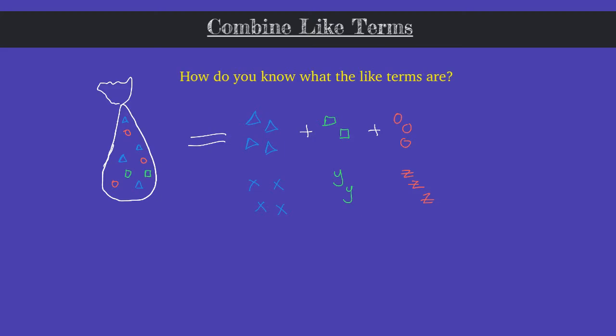Another way you can look at this is, imagine instead of your triangles being x's, what if they were x squareds, right? Then our y's were x cubes, and our z's were just x's, pure x's, right? These are all the same concepts.